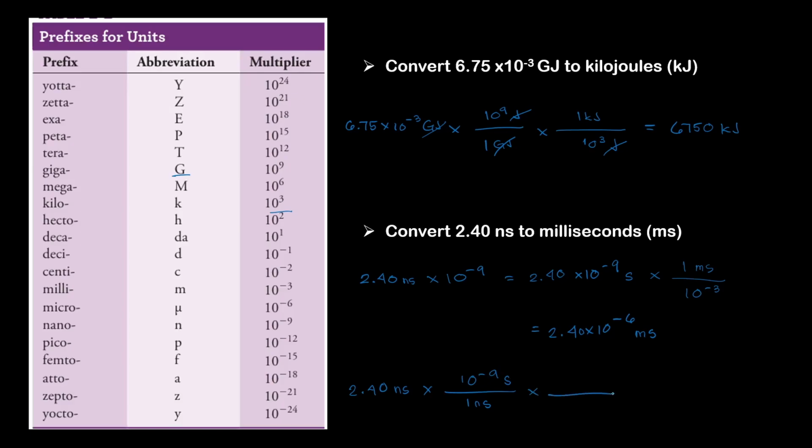Then convert the seconds to milliseconds. Now 10 to the negative 3 seconds is actually 1 millisecond. Then you just eliminate it and you're left with the millisecond unit. 2.40 times 10 to the negative 9 times 1 over 10 to the negative 3. So we are actually doing the same thing, and we are left with 2.40 times 10 to the negative 6 milliseconds.